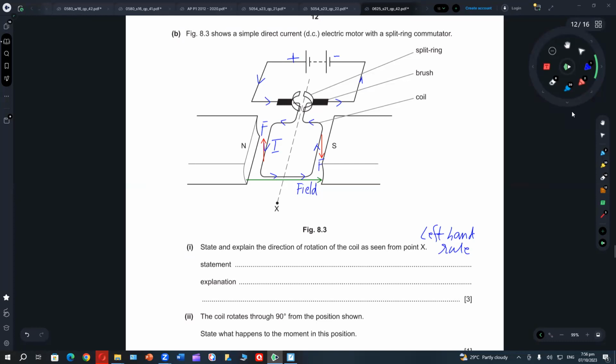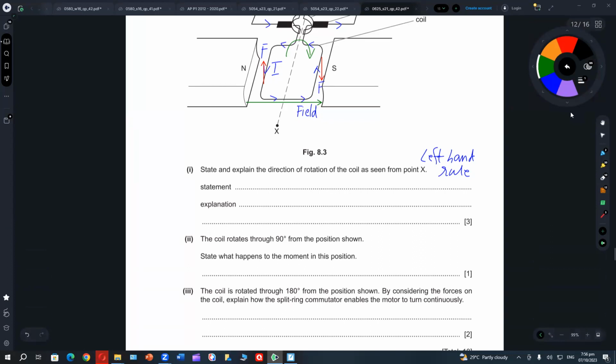So how will the coil rotate, clockwise or anti-clockwise? The question is asking the direction of rotation. The coil will rotate this way. Clockwise.